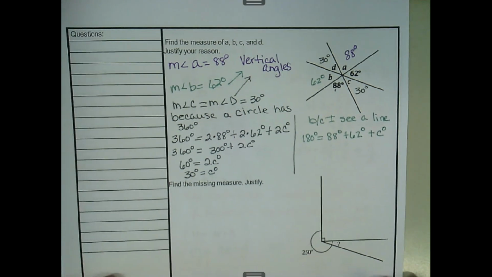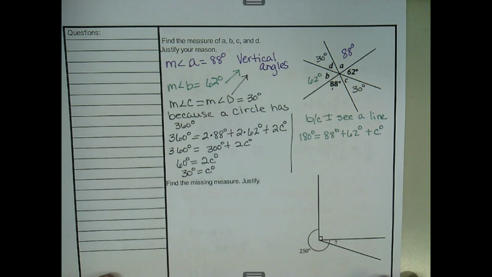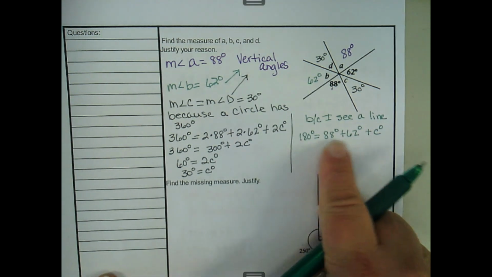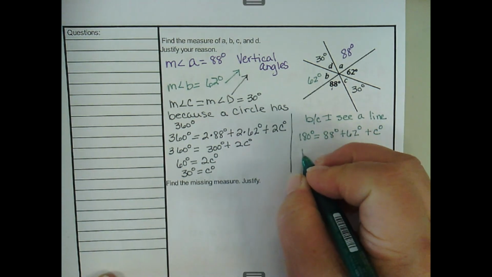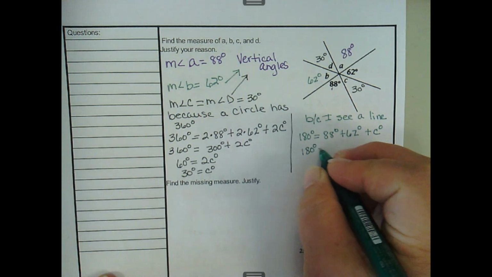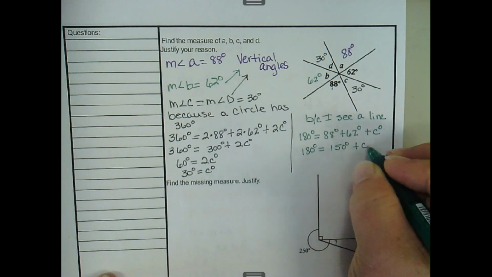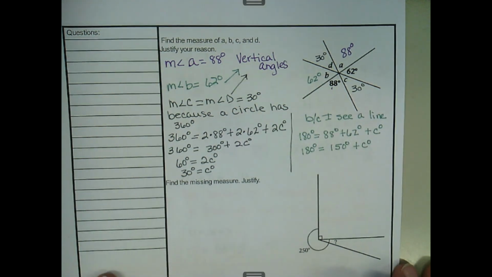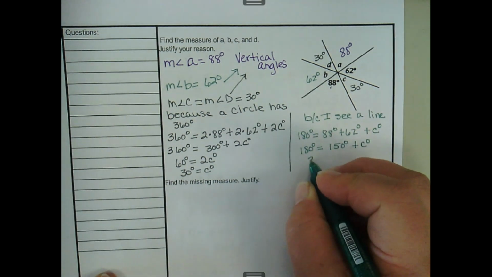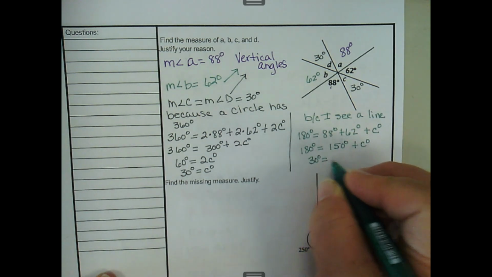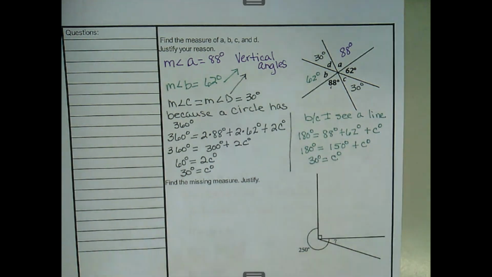Same thing, only half as big, the numbers are half as big. So these two added together, 180 degrees is equal to 150 degrees plus C degrees. Subtract 150, and 30 degrees is also equal to C degrees.